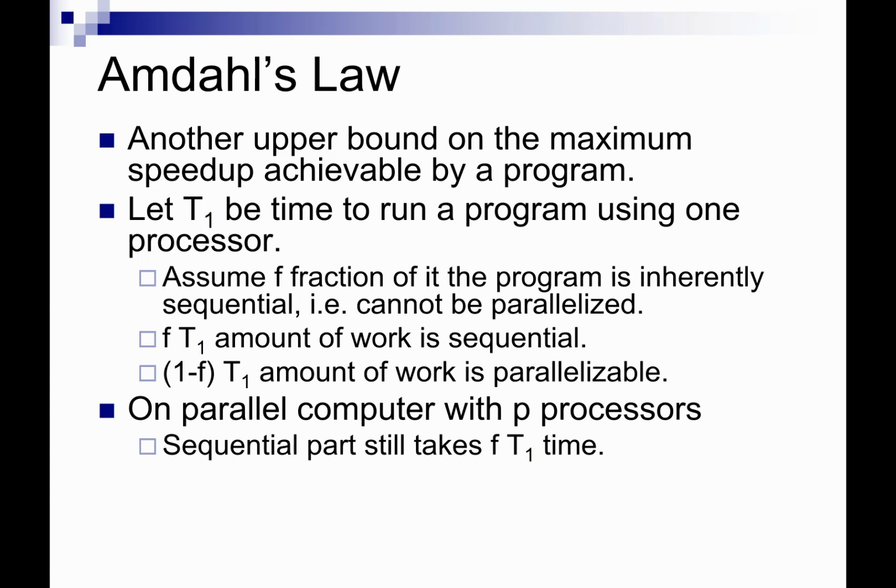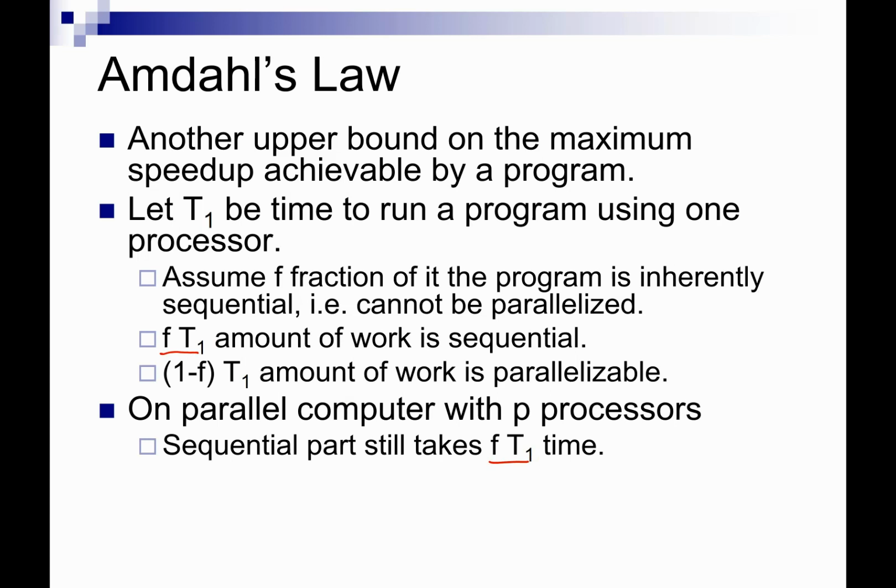So now let's look at the running time. T1 is the running time using one processor. Now assume you have P processors. What is the running time? When you have P processors, the sequential part doesn't care how many processors you have. You have to do that sequentially. So the running time for the sequential part is going to be the same in both the sequential version and the parallel version.